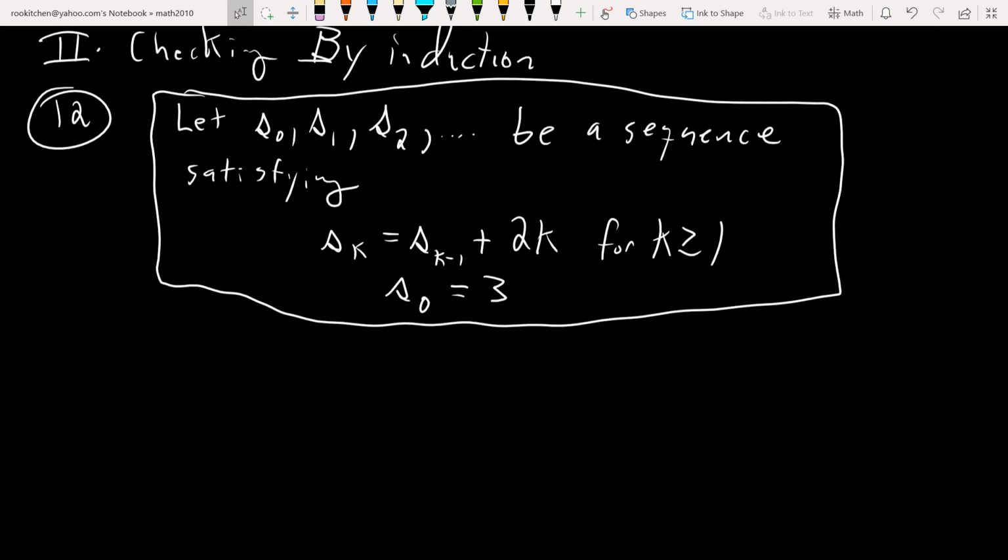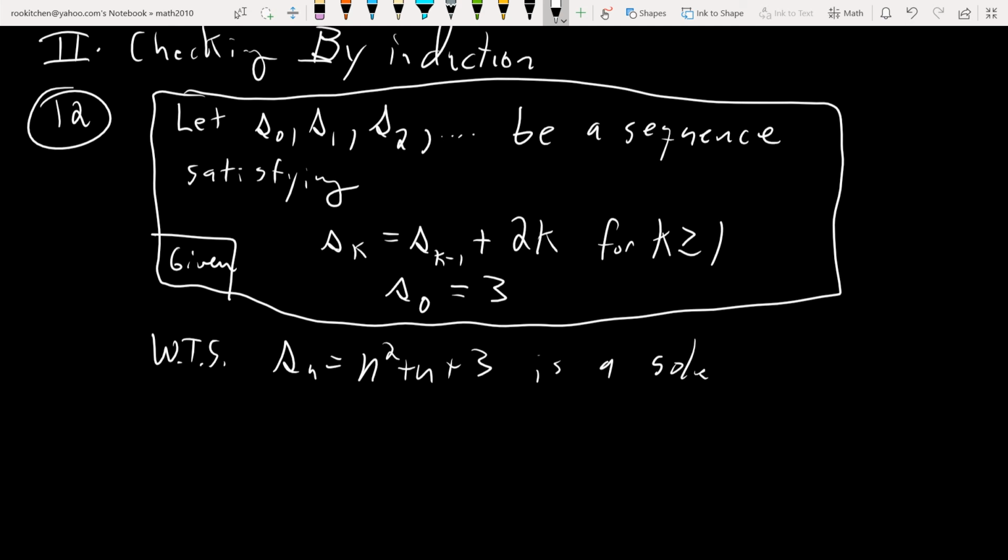And then we have our solution from iteration. We found it, and now we want to show it's true. So we want to show that S sub n equals n squared plus n plus 3 is a solution for n greater than or equal to 0.